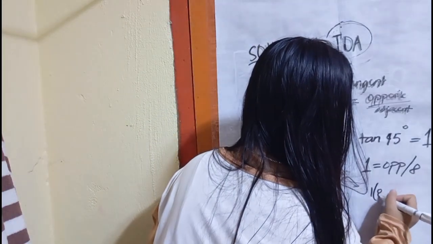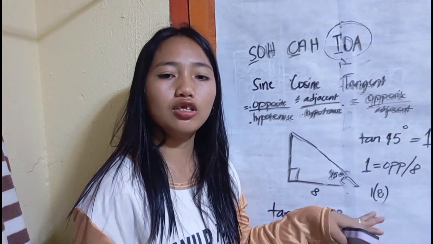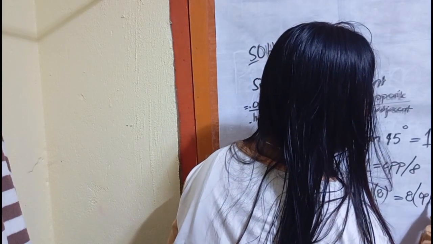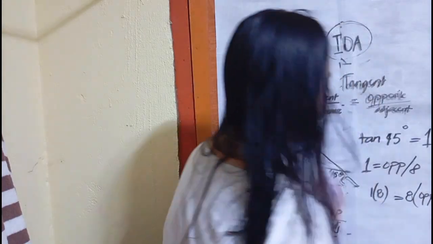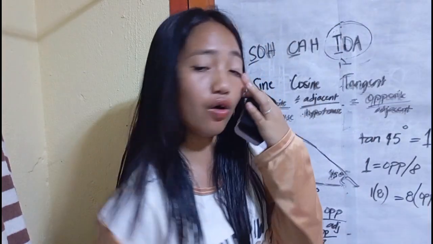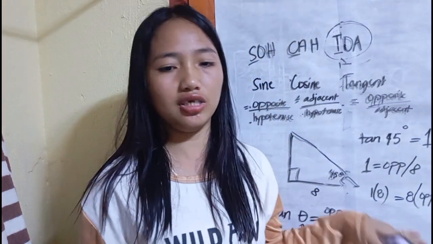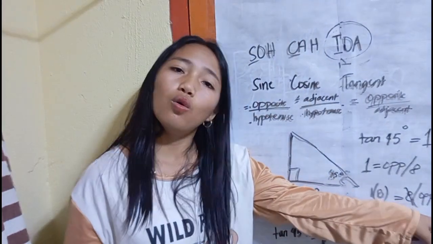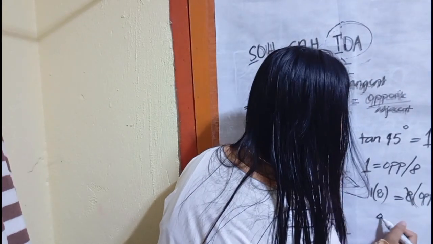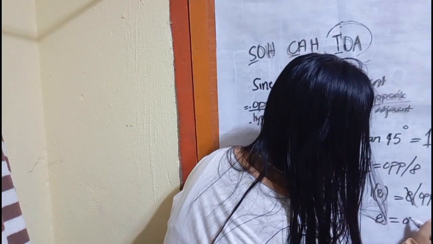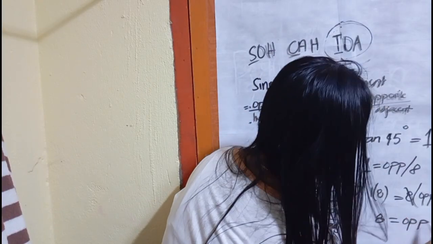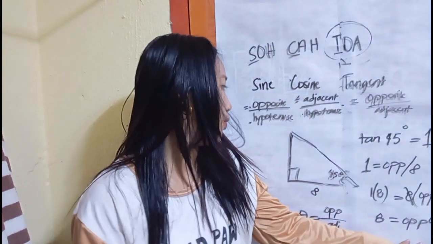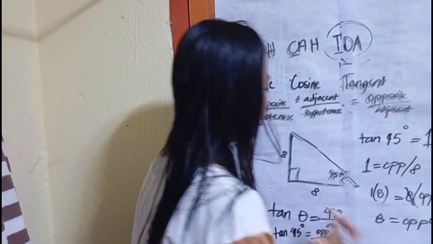So 1 multiplied by 8 is equal to 8, and opposite divided by 8 times 8. We need to multiply each side, and then cancel this one. And 1 times 8 is 8 equals the opposite. So, our answer is that the opposite has a value of 8.